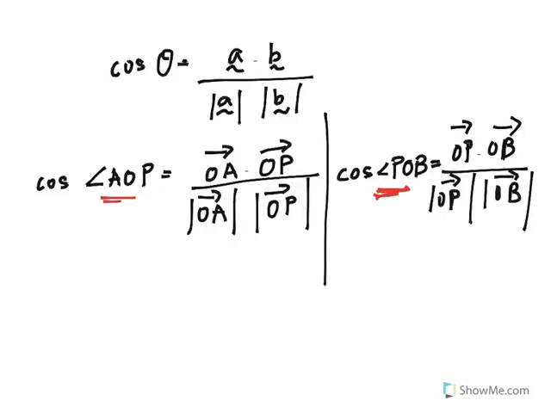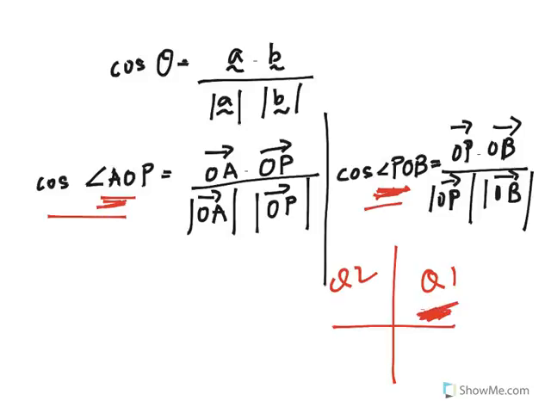So we want to know the value of lambda for which these two angles are equal. If these two angles are equal, can we also say that the cosines of these two angles are equal? Because the angle can only be in quadrant 1 or quadrant 2. If both angles are in quadrant 1, both cosines are positive and equal. If both are in quadrant 2, then both are negative.